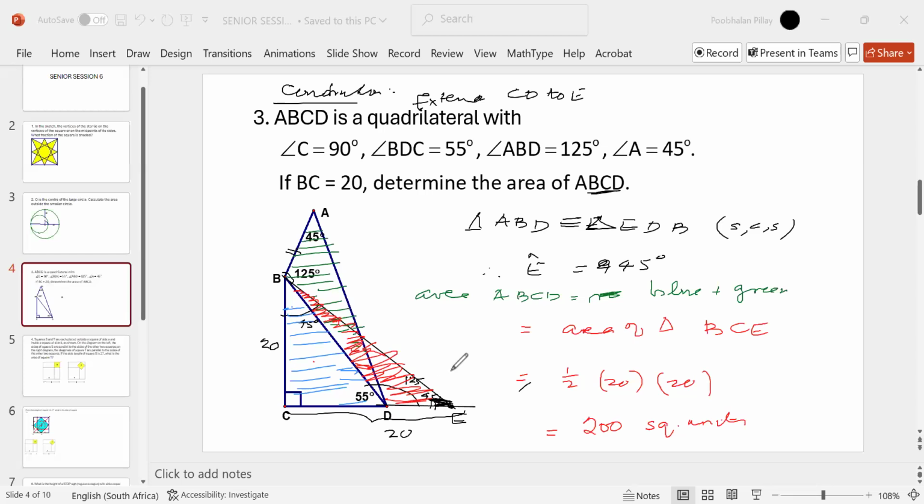You can extend CD to E, but you can't stop there, because how far must you go in your extension? So you say so that DE is equal to BA. So that's the construction, and you use the construction to solve this problem.